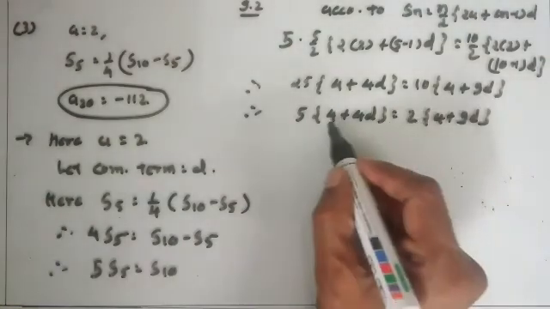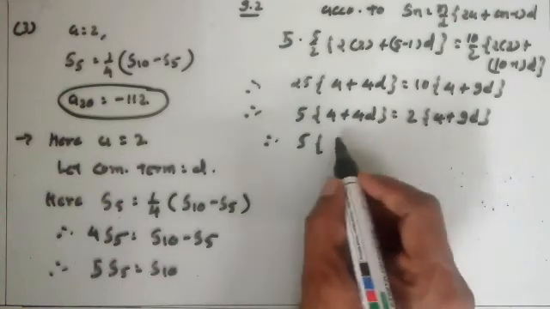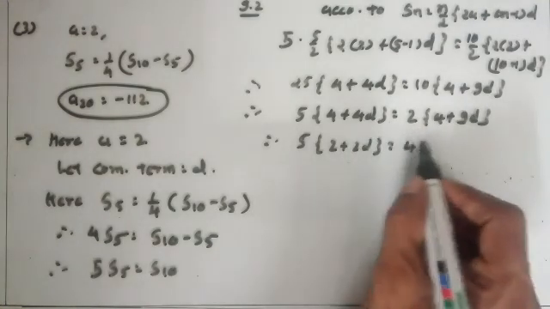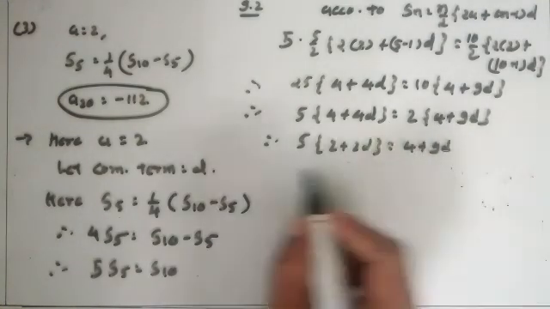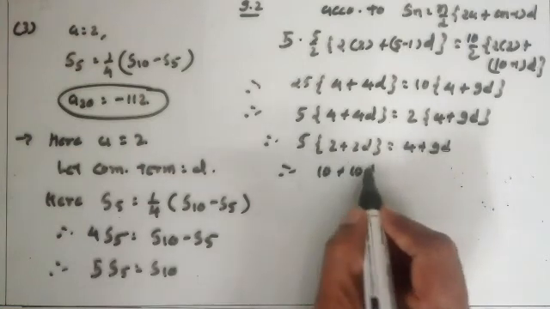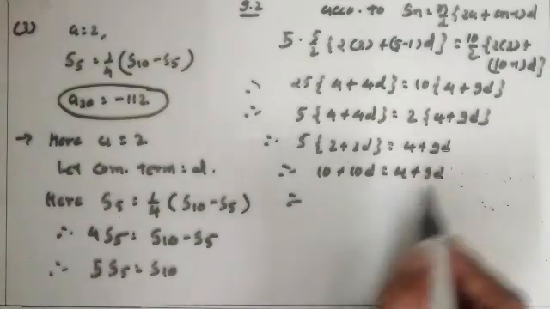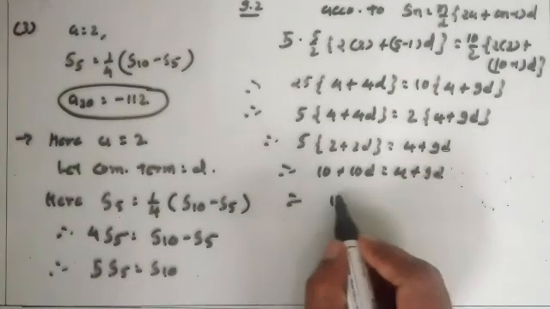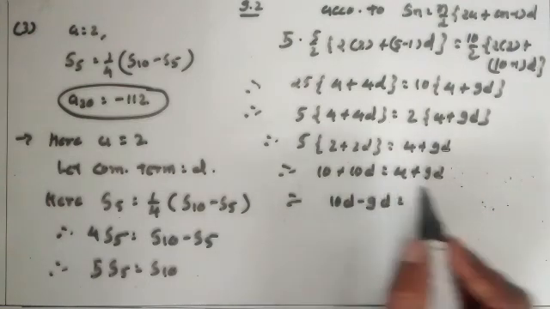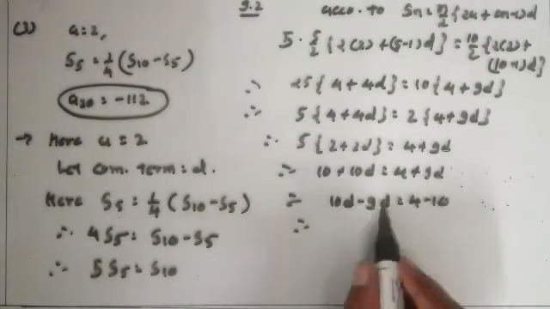Now dividing by 2 on both sides, we get 5 into 2 plus 2d is equal to 4 plus 9d. Now simplify this, 5 take inside, so 10 plus 10d is equal to 4 plus 9d. Therefore 9d take this side, so 10d minus 9d is equal to 4 minus 10, 10 take this side. Clear?